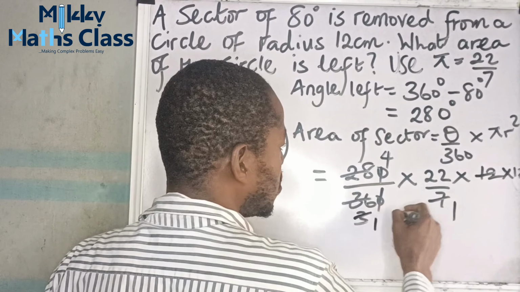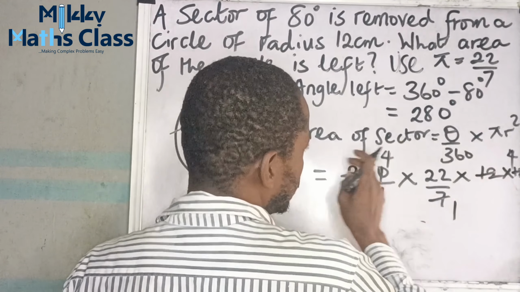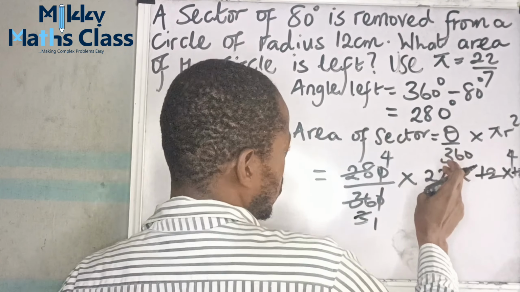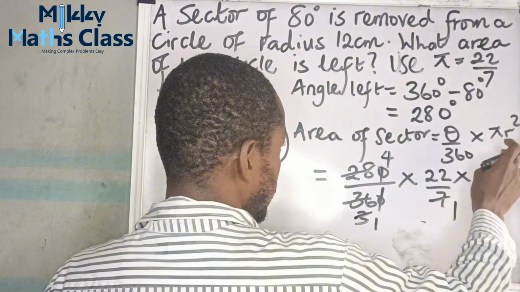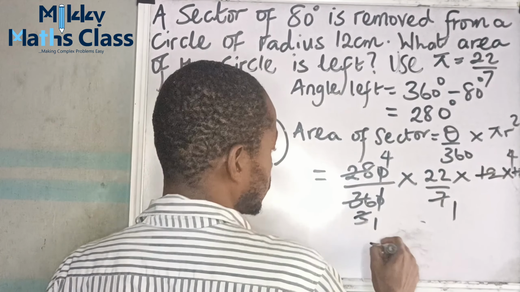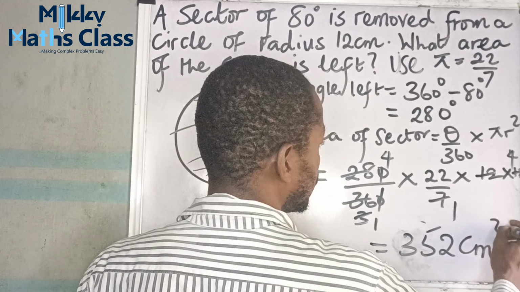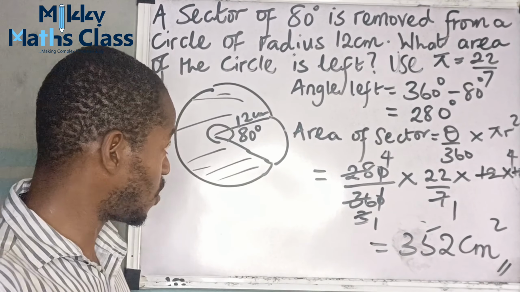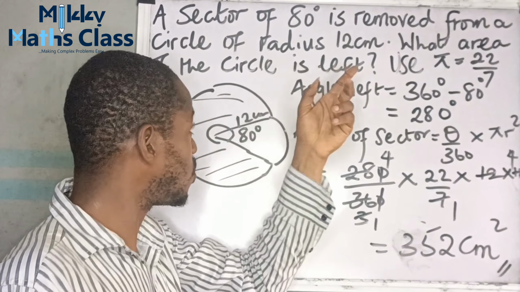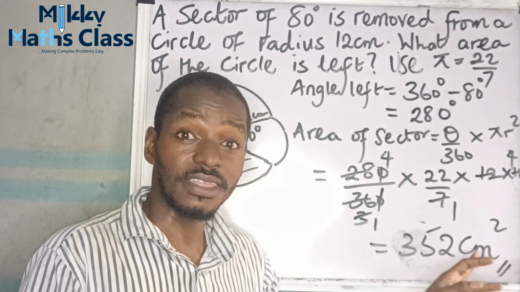So 3 here 1, 3 here 4. So we have 4 times 22, that's 88. 88 times 4, that's 352. 352 centimeter squared. So that's the area of the sector of the circle. What area of the circle is left is 352 centimeter squared.